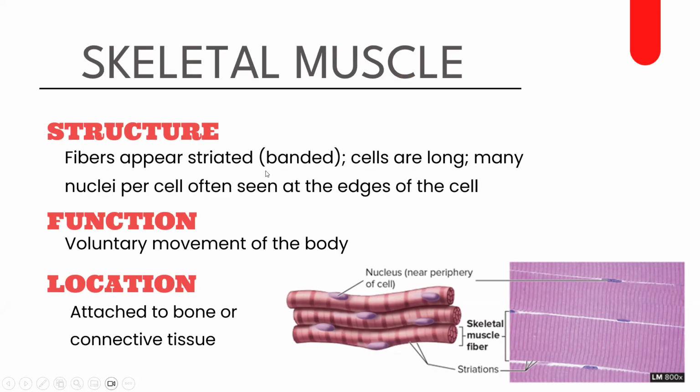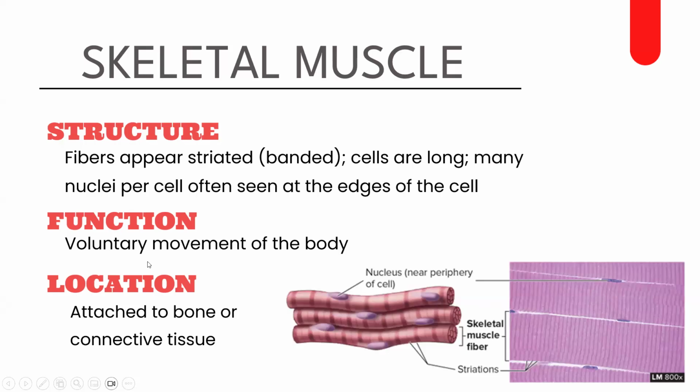And so for our first one, for skeletal muscle, our fibers are striated. So you can see in our textbook picture here, we have these bands of light and dark, and it's a little tougher to see on our microscope slide, but you can still see there's lighter and darker stain. And so our skeletal muscle is striated, and then the other part of this is that it is voluntary.